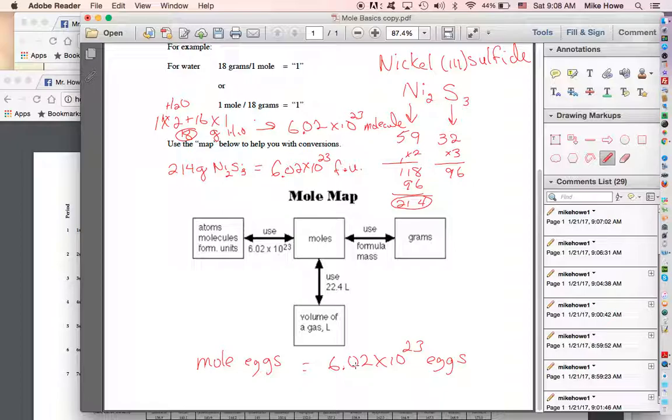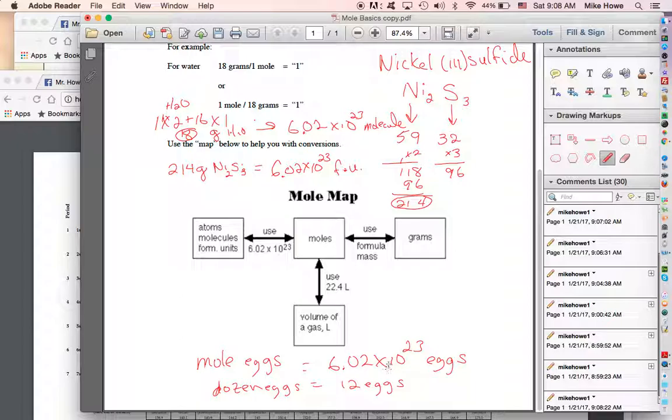If eggs all had the same exact weight, so if I knew that each egg weighed 2 pounds, then I could count eggs by weighing the eggs. Okay, so a mole, you see, is kind of like a dozen. So if you have a dozen eggs, it's 12 eggs. So a mole is just a number of things.